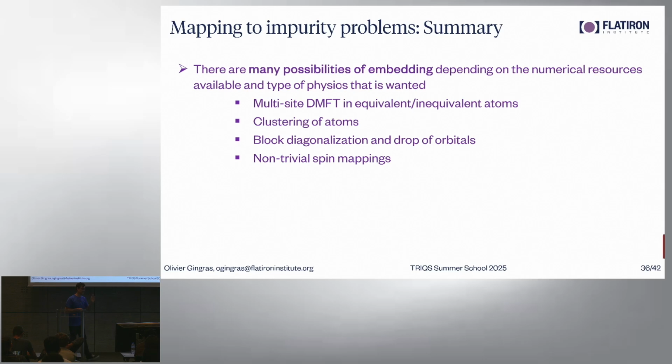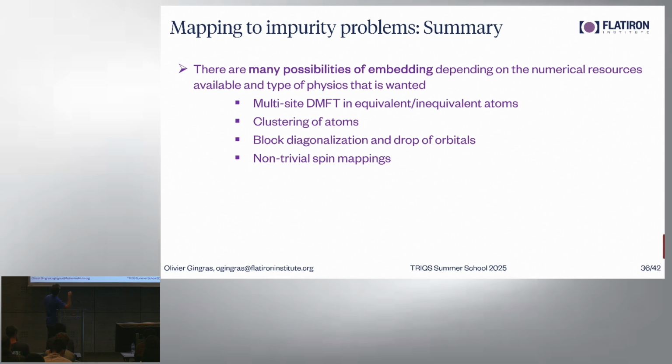Because these explode very fast, as you saw in the previous talk. Most of the solvers used in real materials are CT-HYB, which scales very poorly with the number of orbitals. So if you can reduce the system and retain the essential physics, do it, is kind of the message.